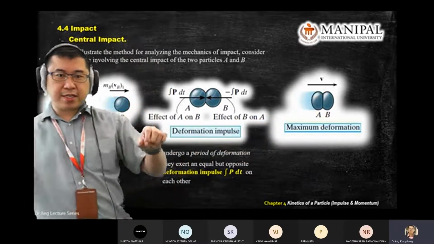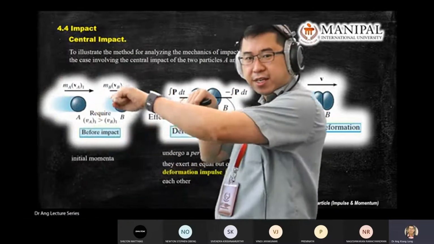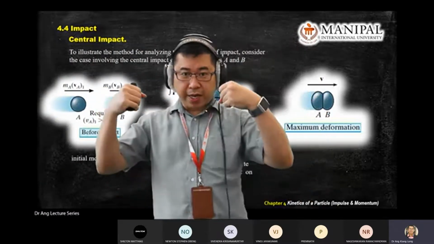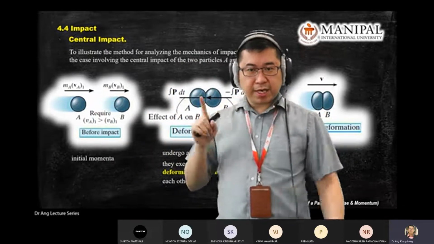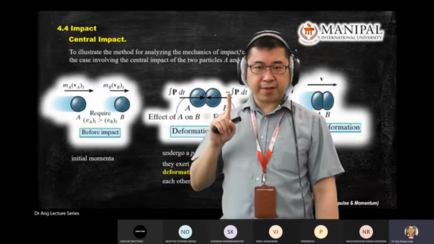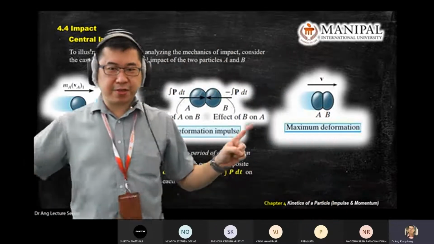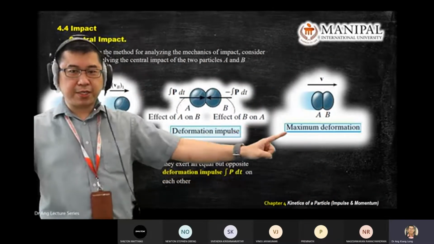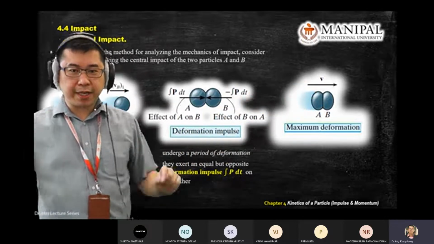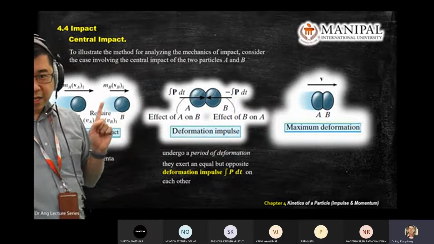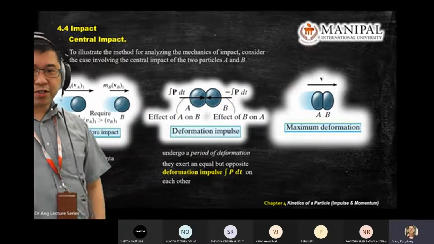This setting is the chasing case. When two objects meet head to head or in opposite directions, they will experience the same deformation, impulse, and maximum deformation. The direction of velocity depends on the momentum they have before the collision.